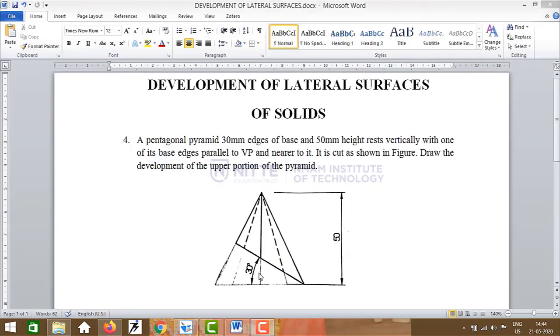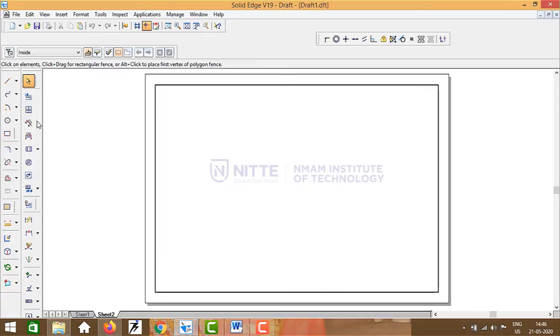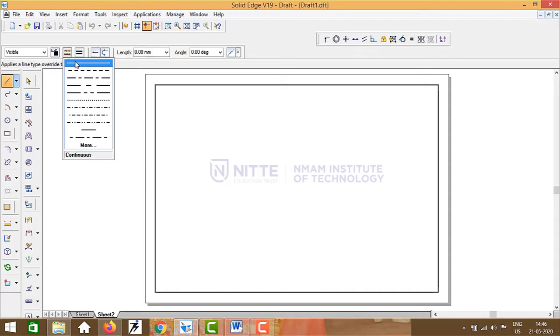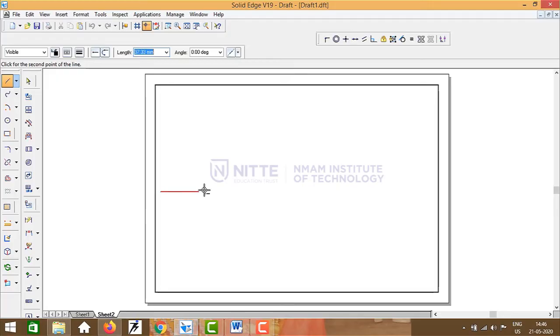First we will draw the orthographic projection for this pentagonal pyramid in the condition given. We'll draw the orthographic projection. Draw the XY line. Mark XY.